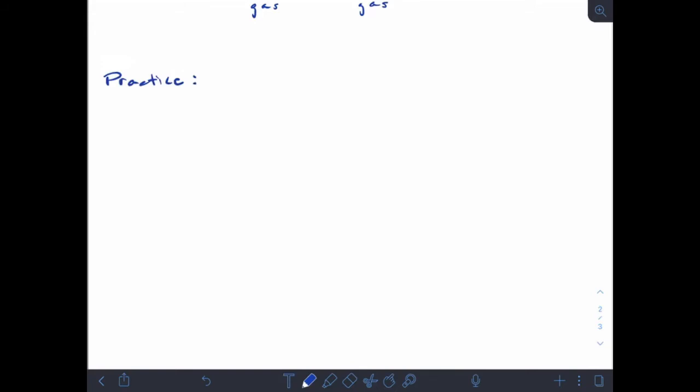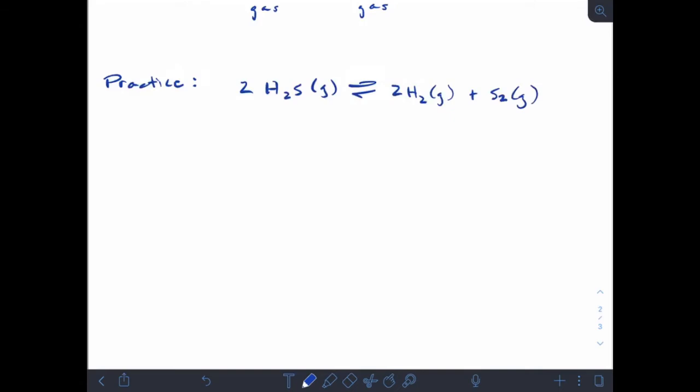So we have our equation that we're given: H2S gas in equilibrium with some hydrogen gas and some sulfur gas. And we're given the value of Kp for this reaction. Kp is 1.2 times 10 to the minus 2.